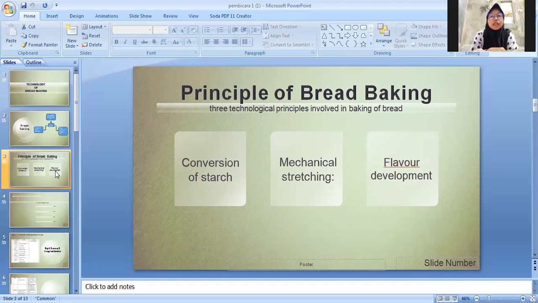Principles of bread baking: three technological principles are involved in baking of bread. The first, conversion of starch, mechanical stretching, and flour development.